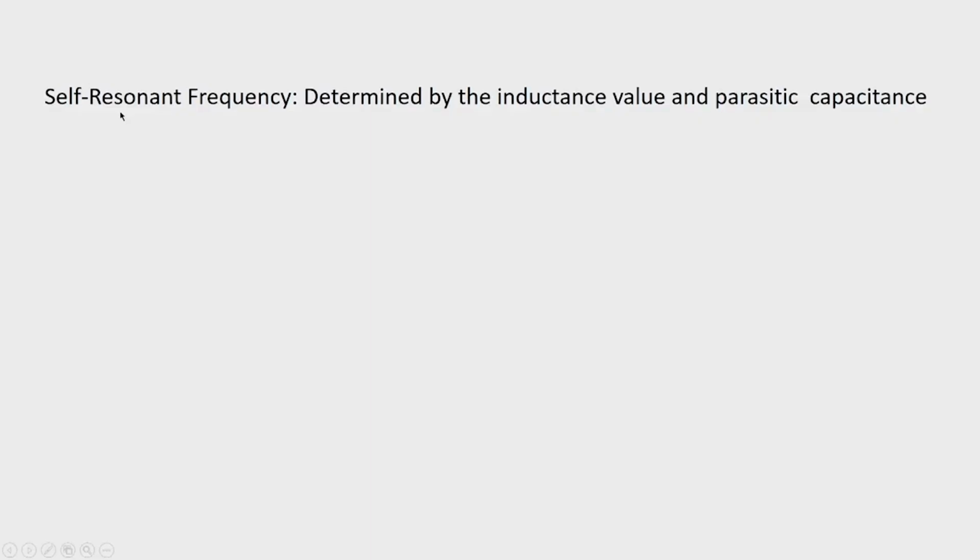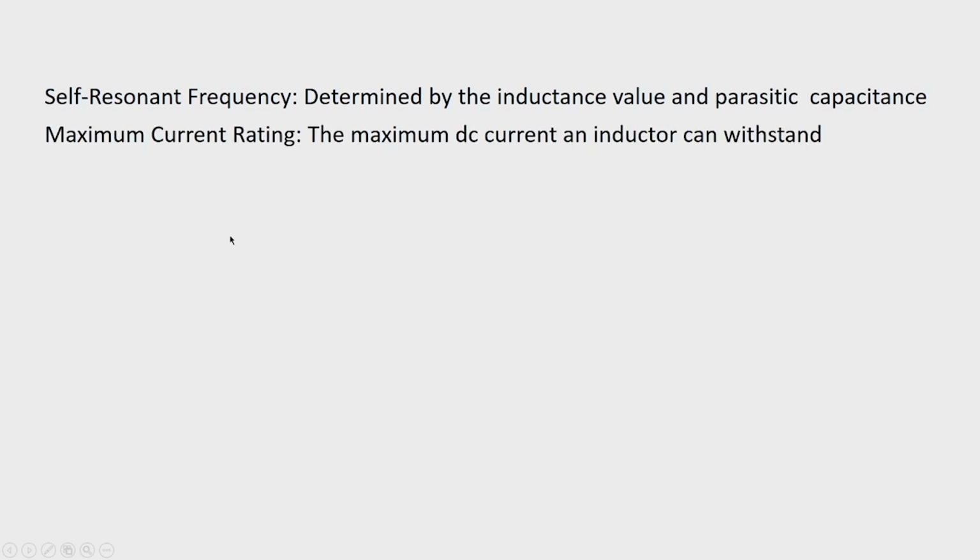Now, there are certain issues which need to be considered while selecting a particular inductor for a given application. Self resonant frequency is determined by the inductance value and the parasitic capacitance value, as we have already seen. Then maximum current rating, the maximum DC current that an inductor can withstand.